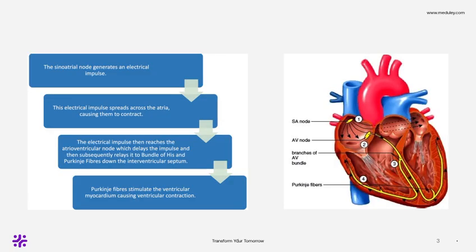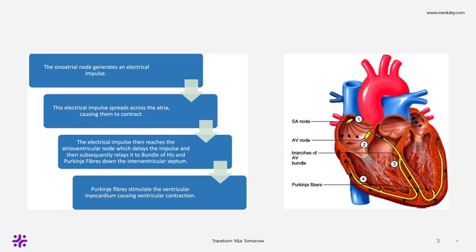So what we study here is that the SA node, which is the major pacemaker cell, has intrinsic activity, that is, it generates the electrical impulse itself. It transmits the electrical impulse to the atria, and from the atria it moves to the atrioventricular node.